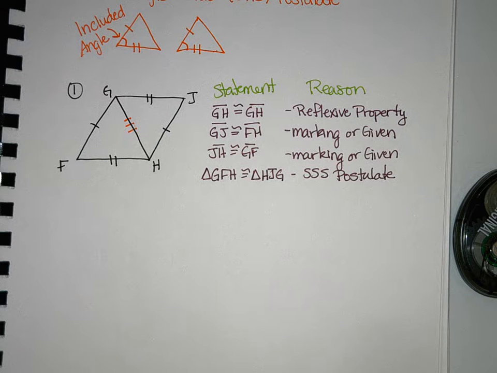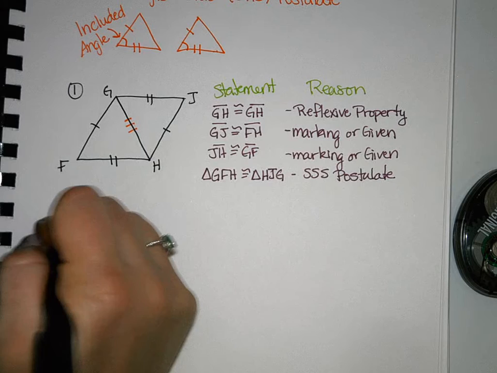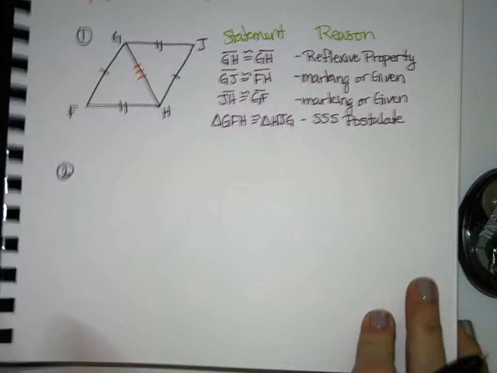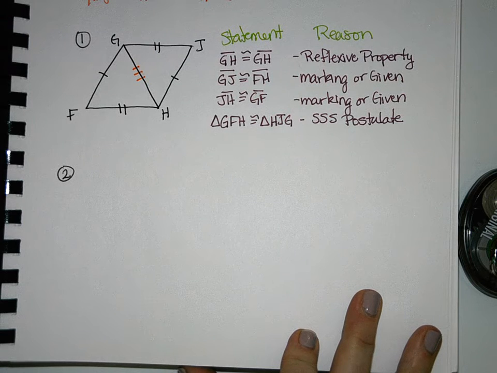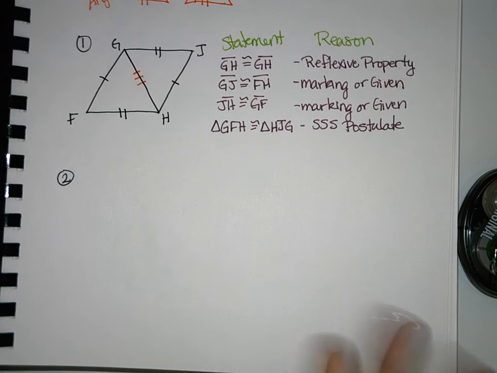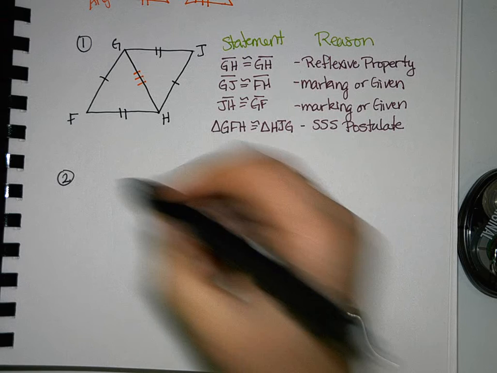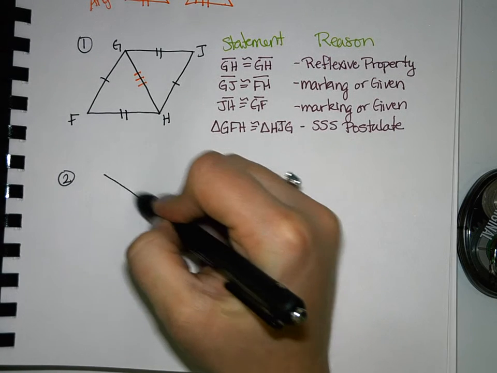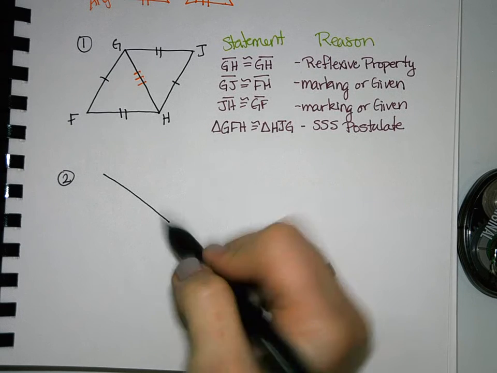Okay, we're going to do another one. So this is number 2. I'll move this up a bit. Just realized that chain was right in the way. Okay, this picture is a little different. I'm going to start by drawing a slanted line, almost like I'm drawing a big arrow.